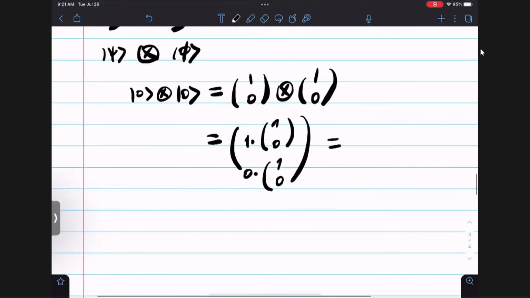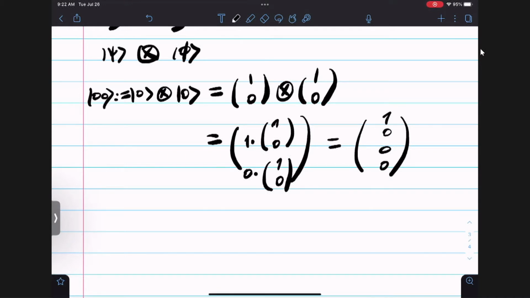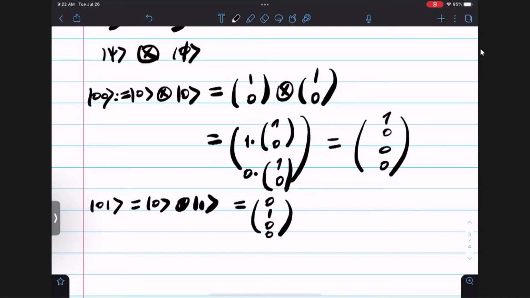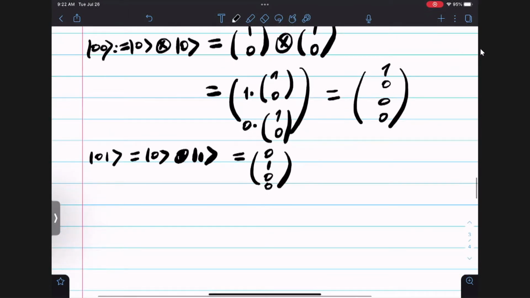So this gives us 1, 0, 0, 0. And we give it a shorthand notation. We call it ket 0, 0. And similarly, you can figure out a few other states. For example, ket 0, 1 is just |0> tensor |1>, and that's going to be 0, 1, 0, 0. So let me just write down two more.